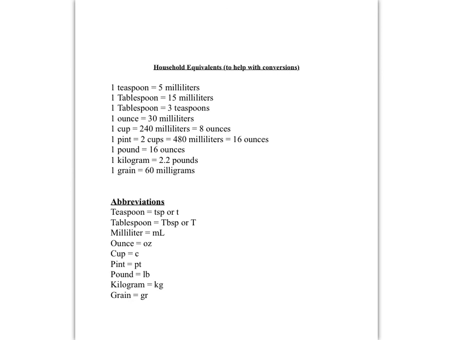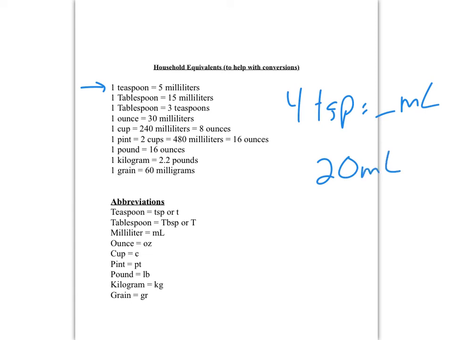Because if I gave you the question, using that as an example, if I said, okay, well, I have 4 teaspoons, what is that in milliliters? Well, 1 teaspoon is approximately 5 milliliters. I'm looking for 4 times 5, which would be 20 milliliters.